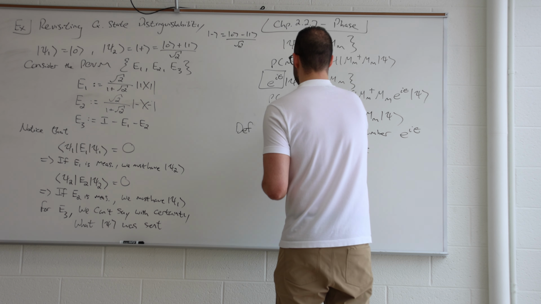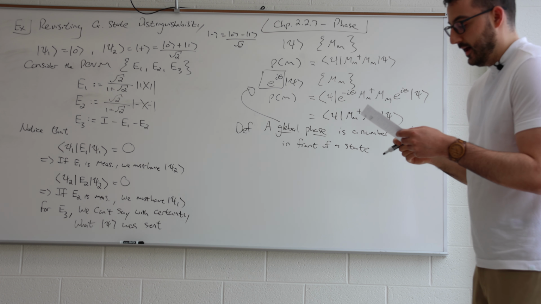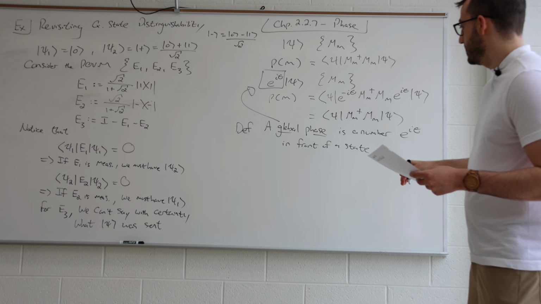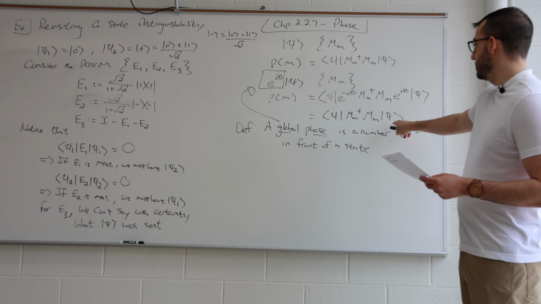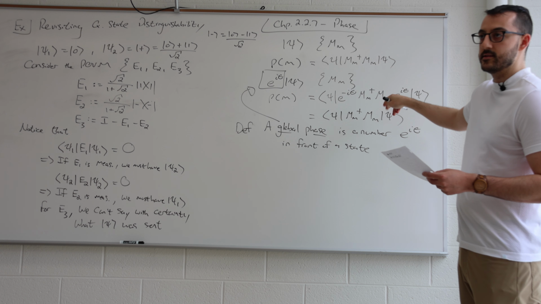So we're thinking about this as our global phase here. And in a lot of ways, we don't care about this because you just proved a theorem that as far as measurement is concerned, global phase doesn't matter.